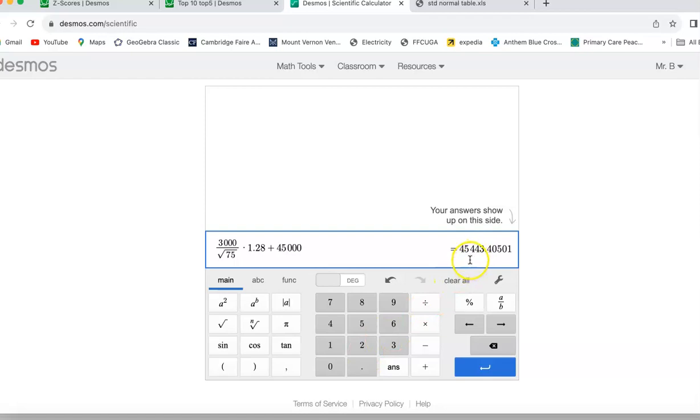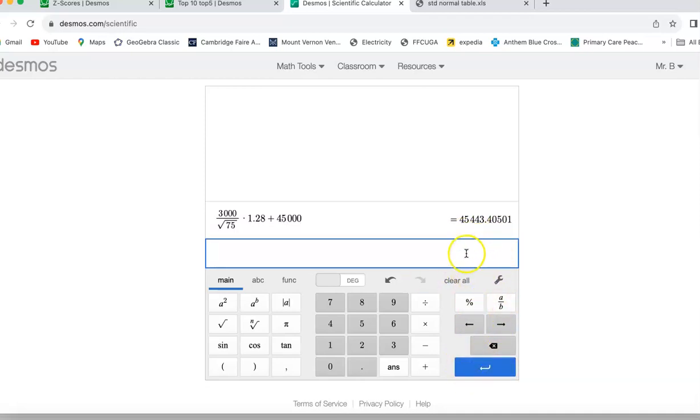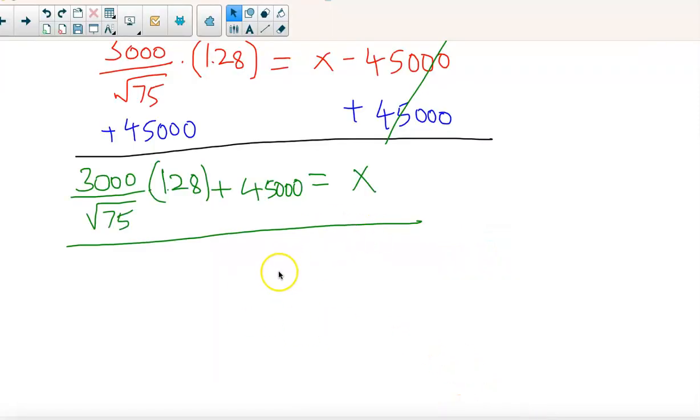So what is the answer you have? 45,433. I am rounding it to the nearest dollar.